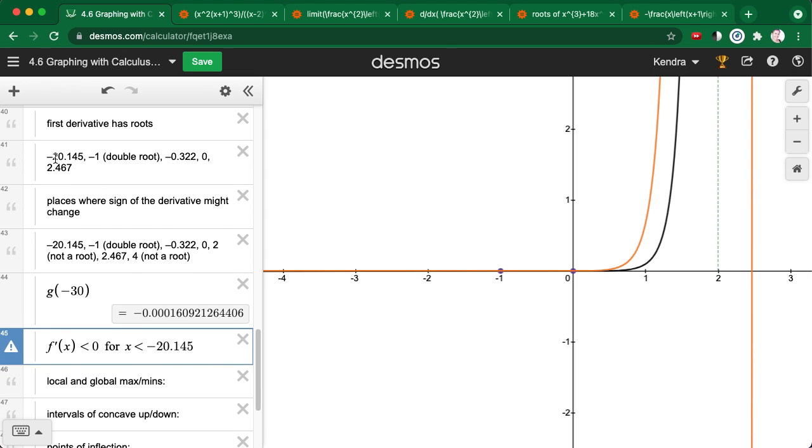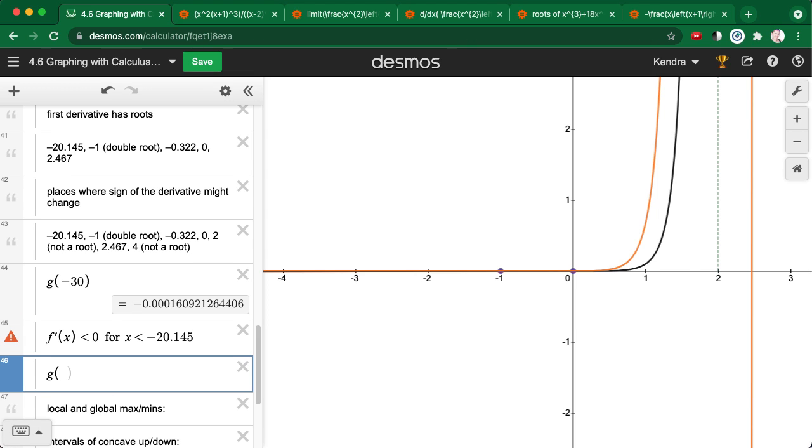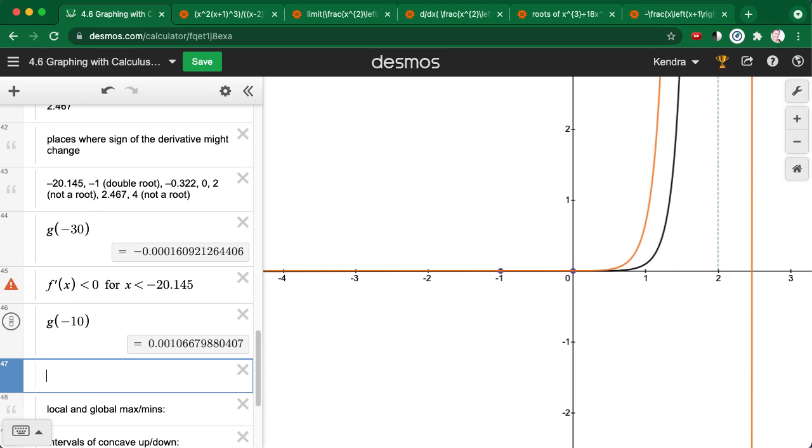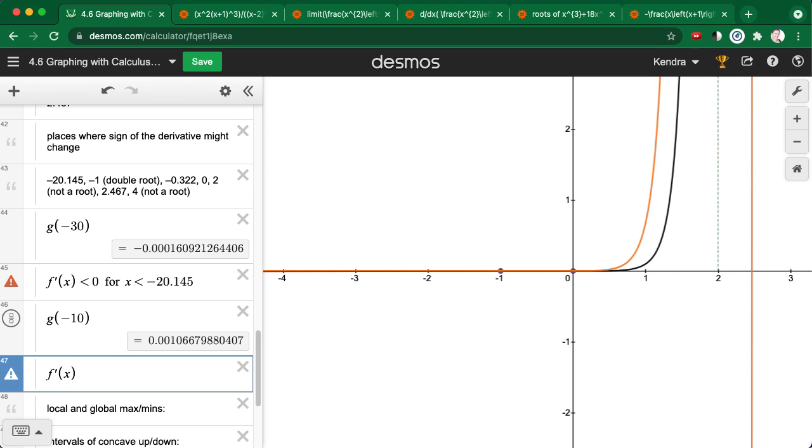And now I need a number that's between negative 20 and negative 1. So g of, I don't know, negative 10. And so that tells us that f prime of x is positive for x between negative 20.145 and negative 1.